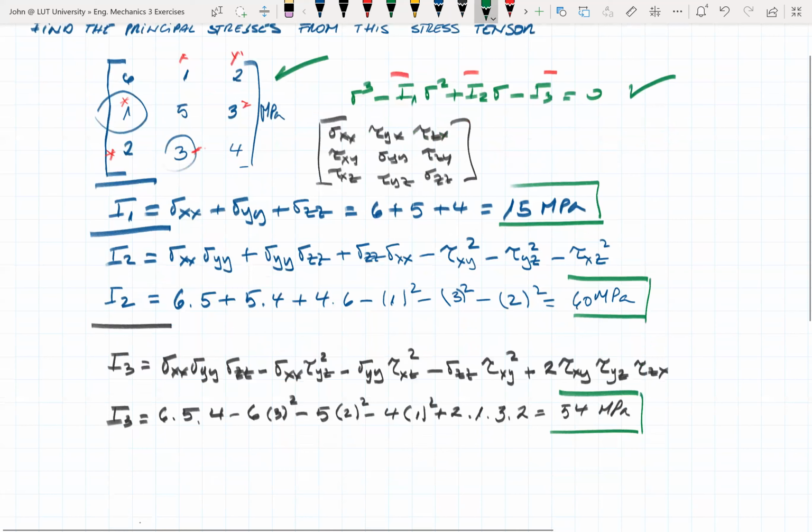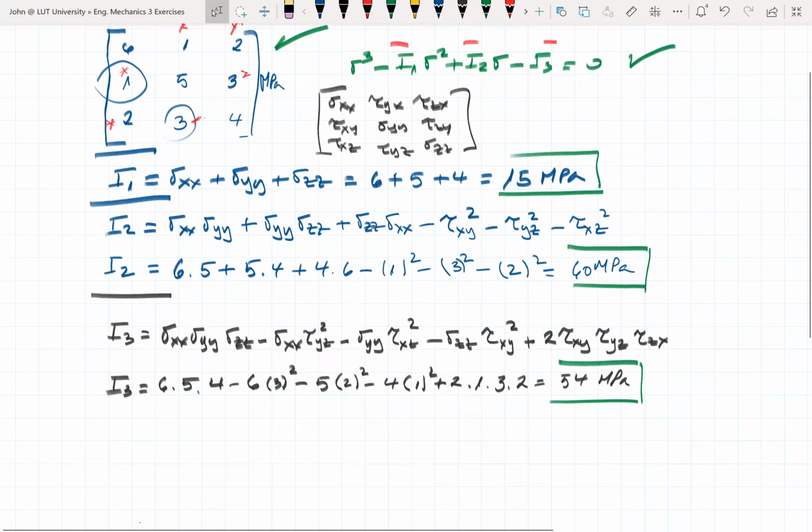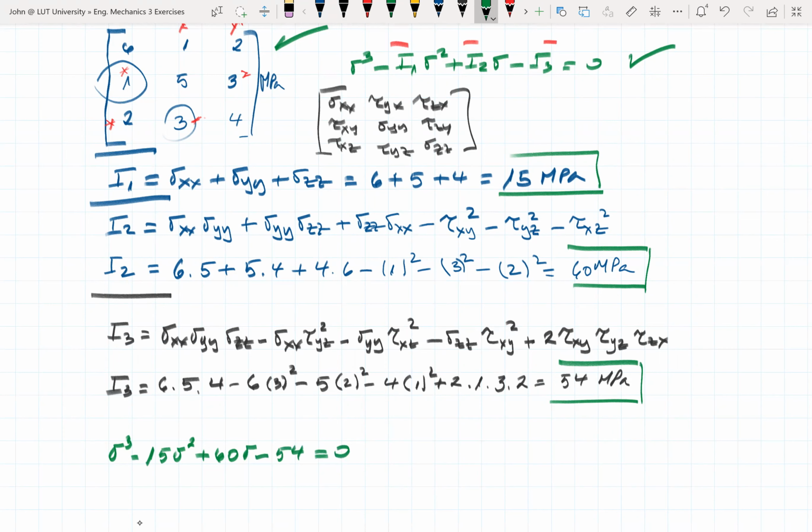Now, having calculated the invariants, I can formulate my complete equation for principal stresses, and that is sigma to the power of 3 minus 15 sigma square plus 60 sigma, then it comes minus 54, and that should be equal to 0.